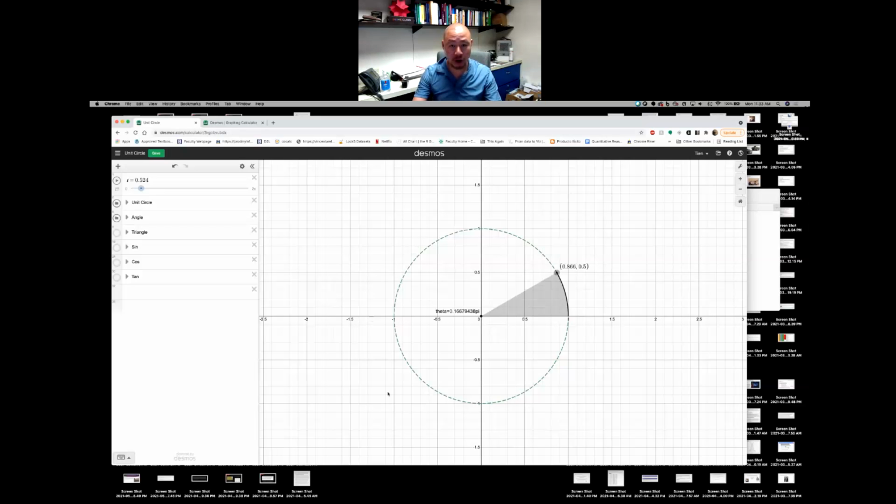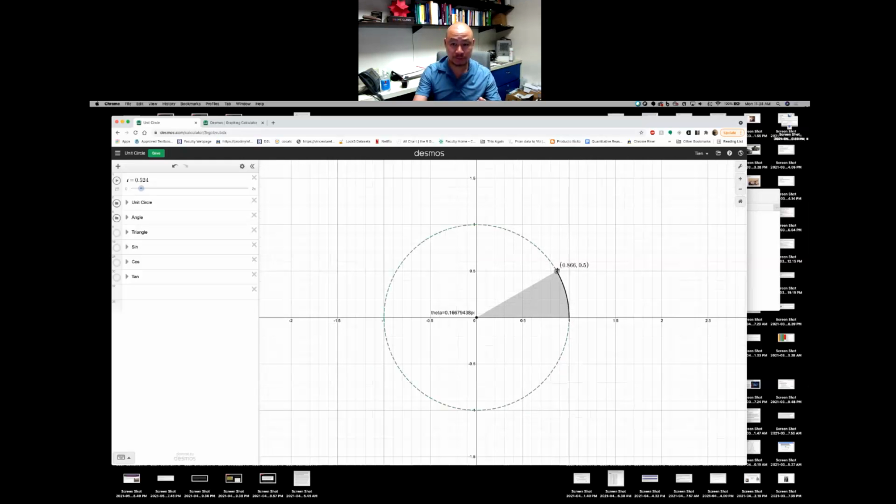If you were to go all the way around the circle, you would be traversing the entire circumference. And the circumference of a circle is 2 pi r. In this case, our radius is 1, so it's just 2 pi. So if I go around 2 pi, that should be the whole circle.